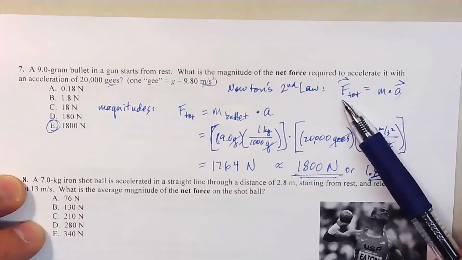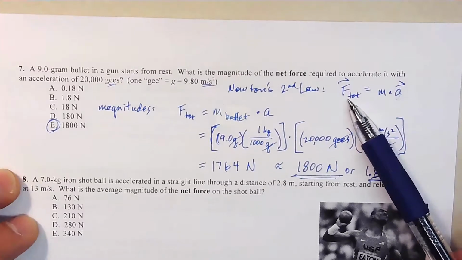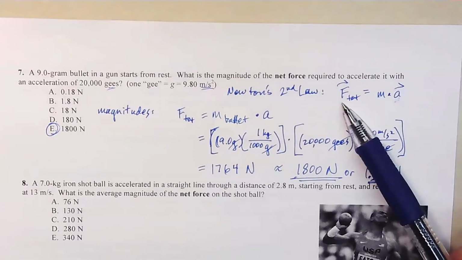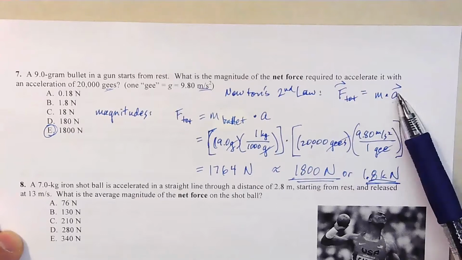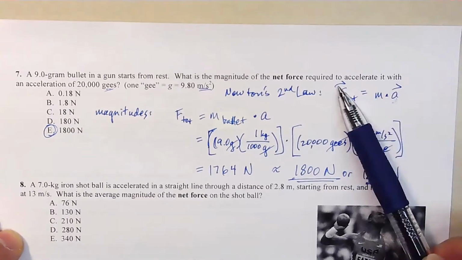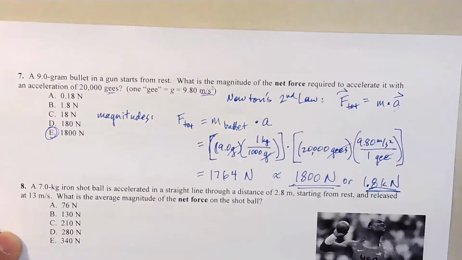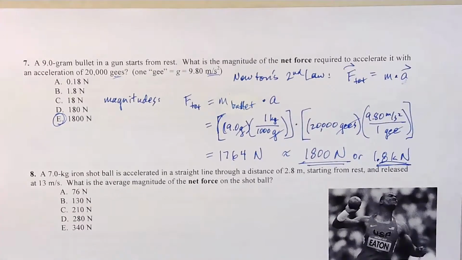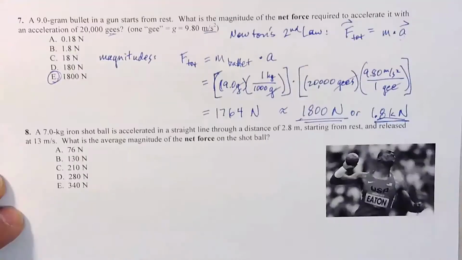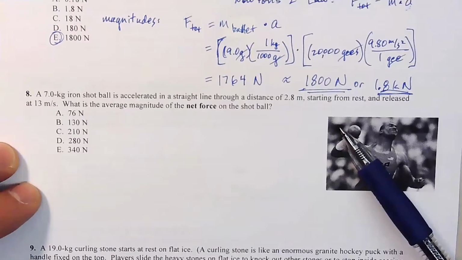So all of those together are going to add up in some direction that points out of the muzzle of the gun. The acceleration will then be in that direction, whatever direction that is. Okay, and this problem just is asking about the net amount, right? The magnitude.